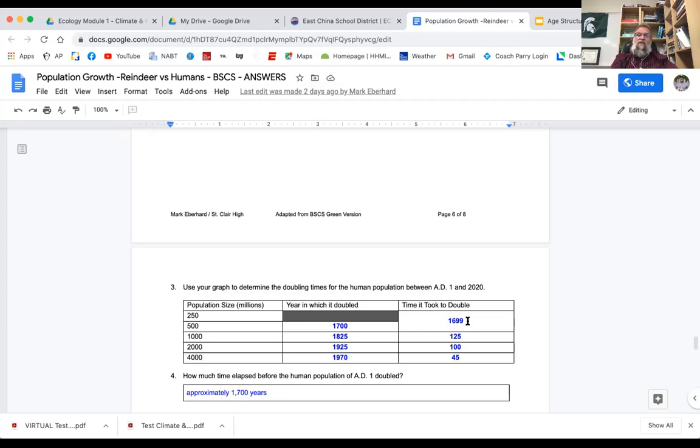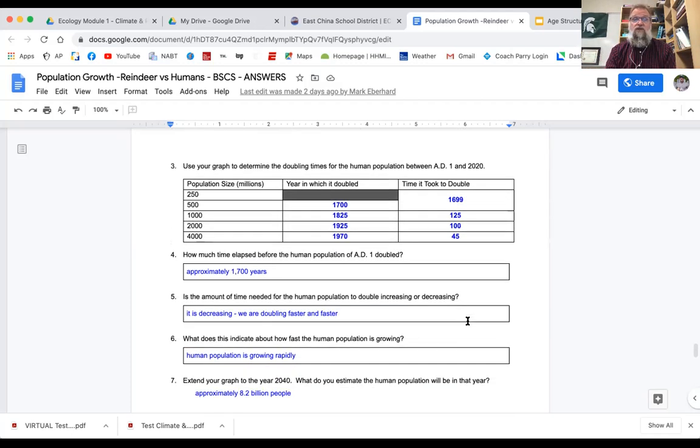So then if we look at the doubling time, first time to double, 1,700 years. Then 125 years, then 100 years, then 45 years. Our doubling time is decreasing dramatically. Like I said, we were going to end up doubling almost 3 times in 1 century. That's huge.